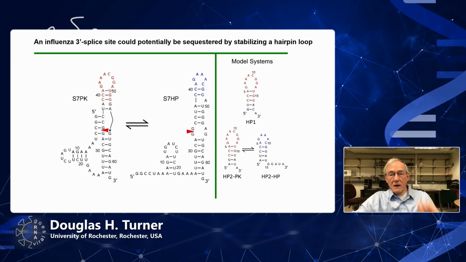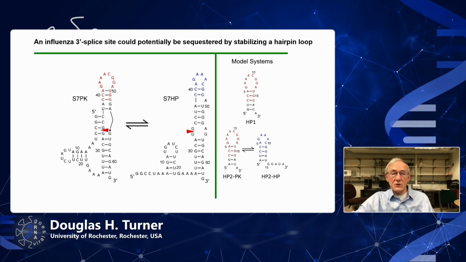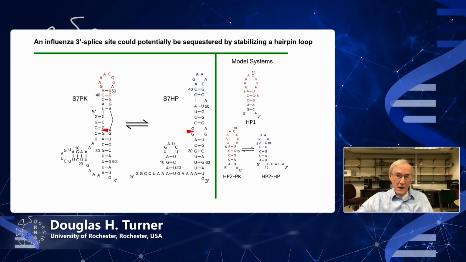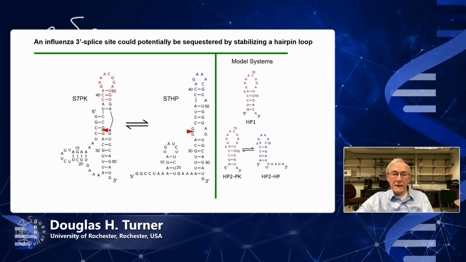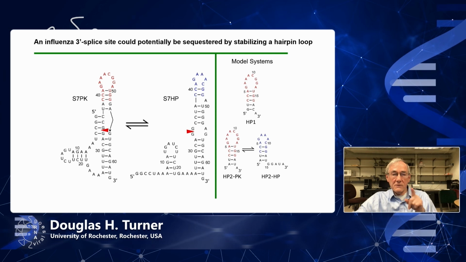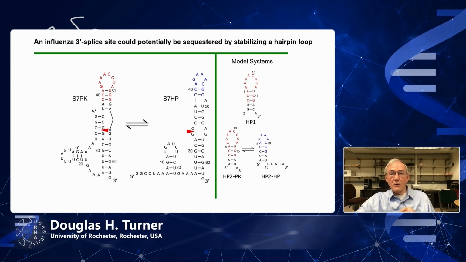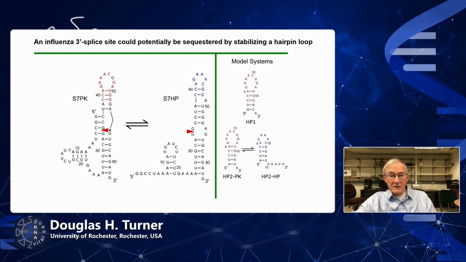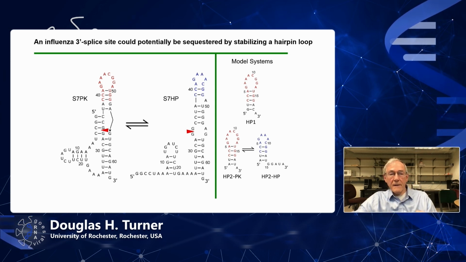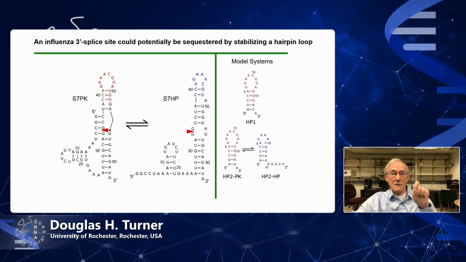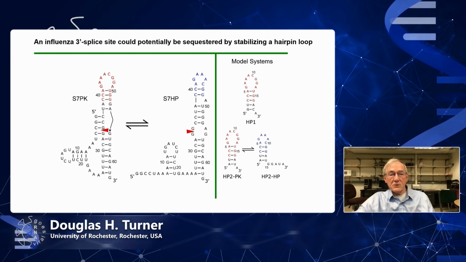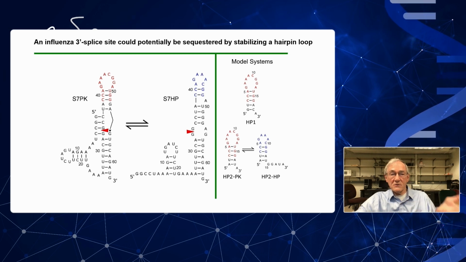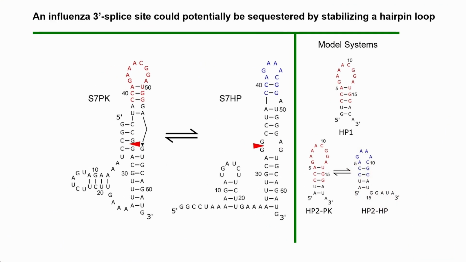And actually, in experiments we've done in solution, you can see that these two structures that are shown on the left part of the slide, the red triangles are where the splice site is. So the left secondary structure is a pseudoknot, and there the splice site is encased between two GC pairs. So it's not very accessible for splicing. This is a 3' splice site.